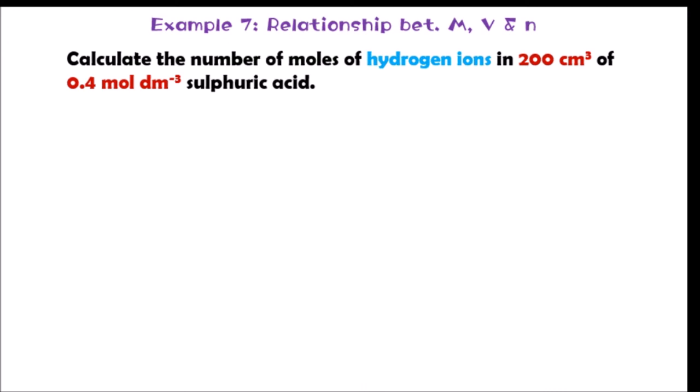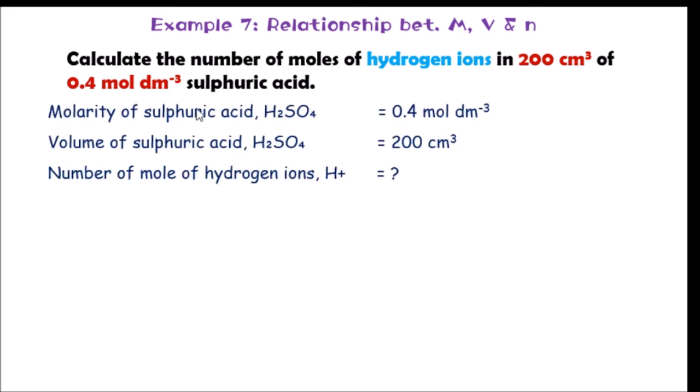Hydrogen ions. So, you have the molarity of the sulfuric acid is 0.4 mole per dm cube. Volume of the sulfuric acid is 200 cm cube. And the question asks you for number of mole of hydrogen ions in the solution.